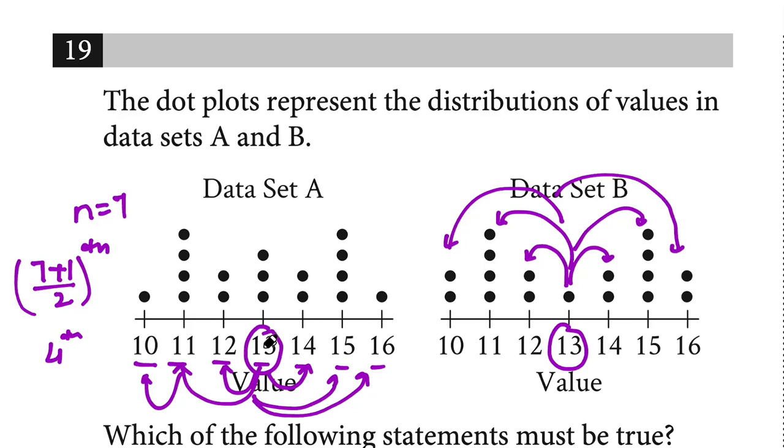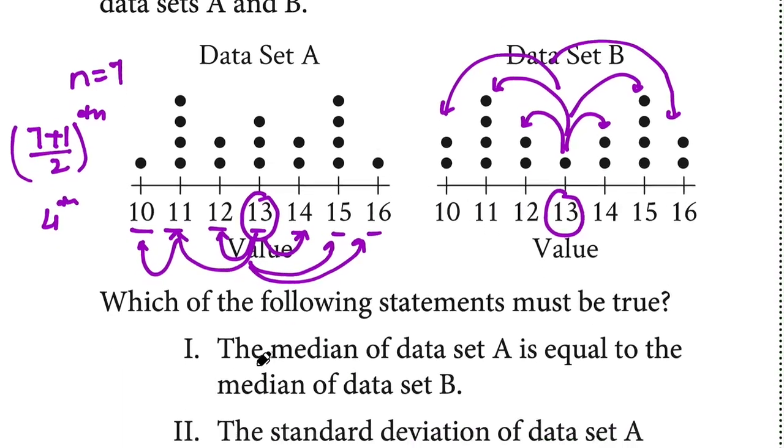So 13 is the median here, 13 is the median here. And because data is equally spread, mean is also 13. So we have not used any proper formula method, but the question is solved. Median is the same in both the cases.